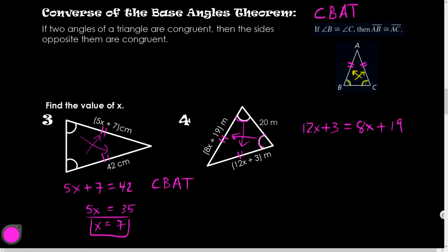How do I know it's true? CBAT. CBAT. Subtract the 8x from both sides. I think I'd have 4 x's left. Equals 19. Wait a minute. It's gonna be ugly. Oh, minus 3. Oh, good save.